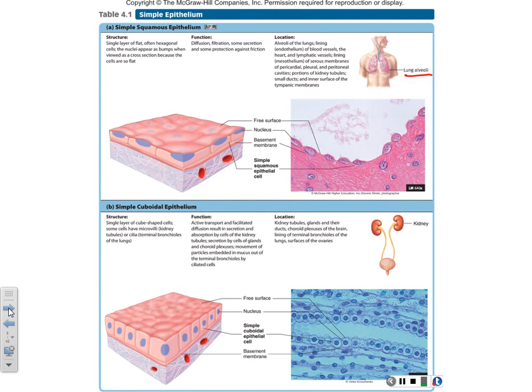So one layer is mostly the lungs, and it's flat cells, and it's diffusion. And after showing you all these tables of the classification and the functions, I will show you certain characteristics and the kind of functions it is most suitable for, which will go along with what we will have talked about.